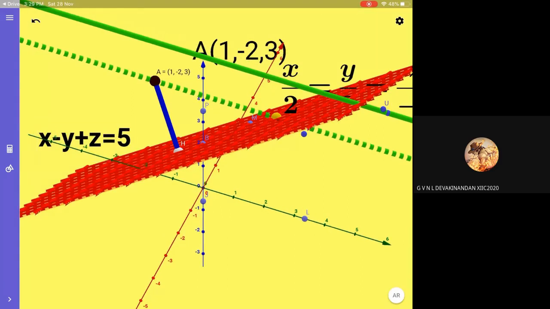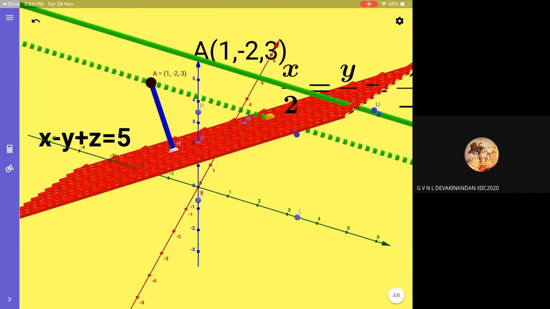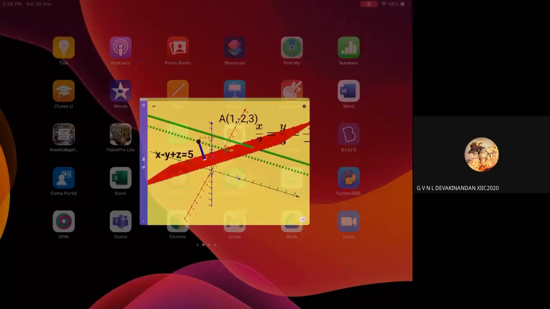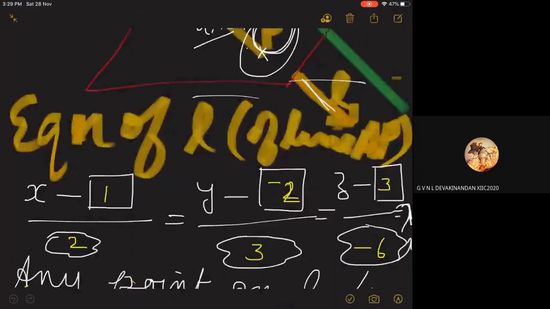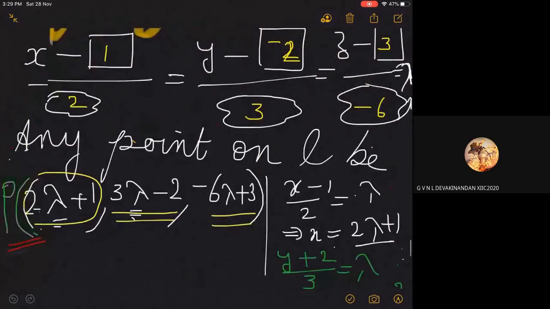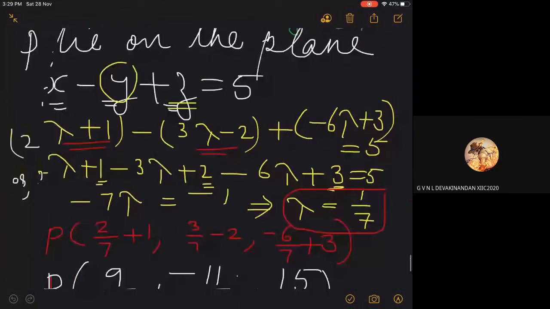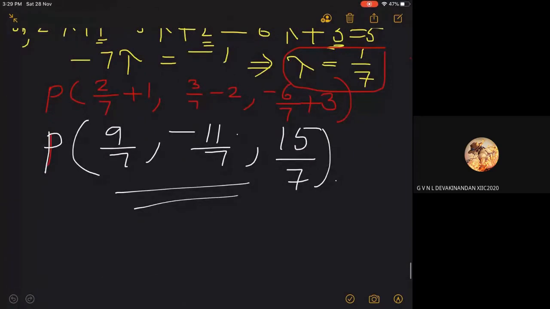But that is not the end of the answer. You have to find the distance between A and P, because your question is to find the distance from A to the plane measured parallel. So what is the final answer?